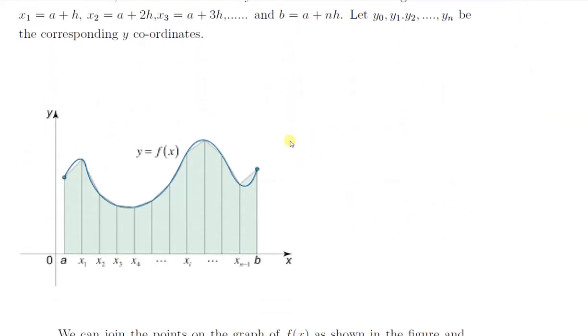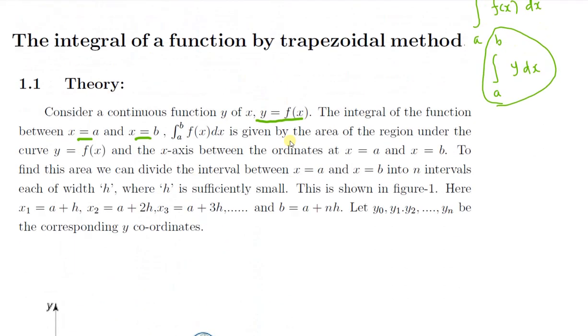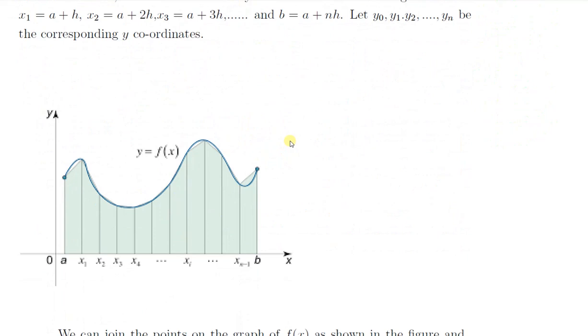Now, suppose we draw a graph between y and x, that is, f of x versus x. On this axis we have y is equal to f of x, and this is x, and we want to find the integral between x is equal to a and x is equal to b.